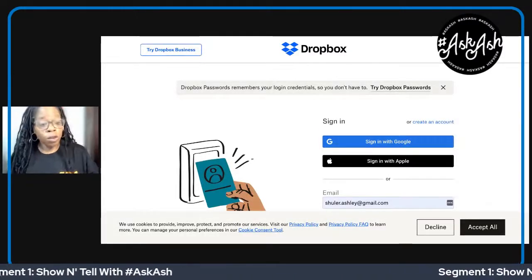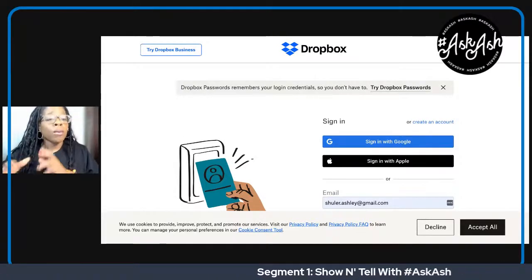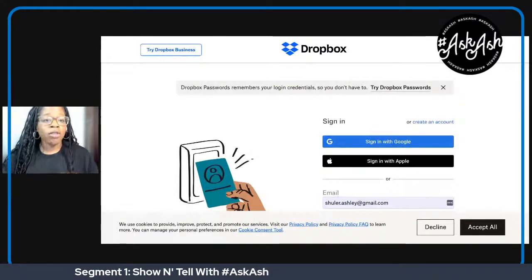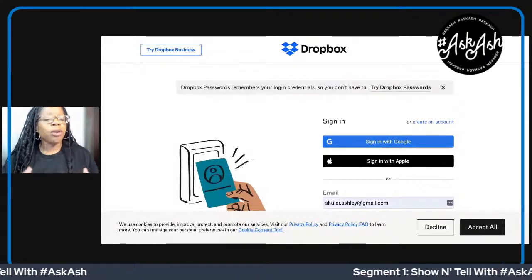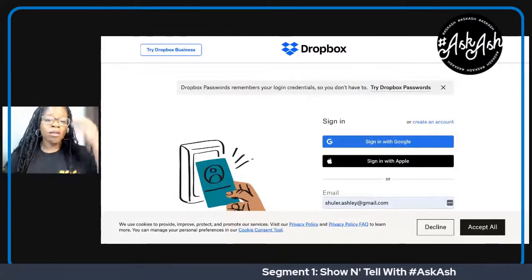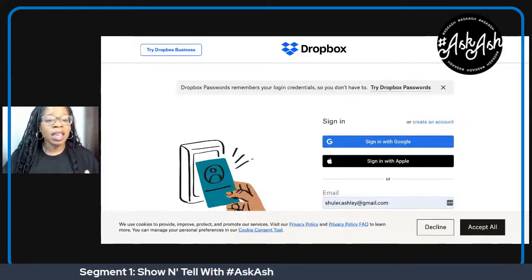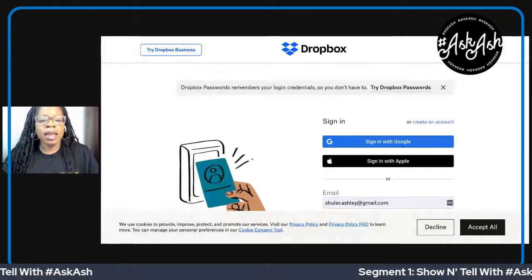But I also use Google Drive for some more business things, and it makes more sense for Dropbox for me because of the functionality of it. I started off using Dropbox, so I never really stopped. I like the functionality of it, the way I can easily organize things. I like Dropbox a lot.